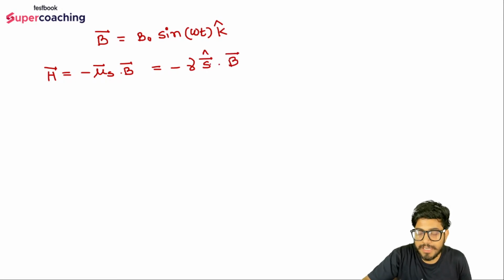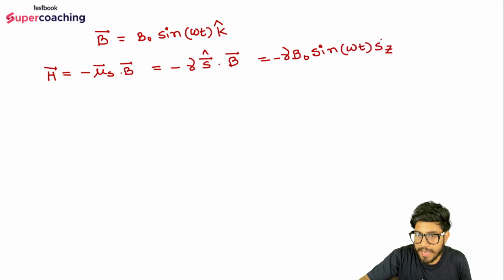Now you know that B is along k cap, so the Hamiltonian will be equal to minus gamma B naught sine omega t into Sz cap. It's an operator. Now I know that Sz cap has eigenvalues plus minus h cut by 2, and eigenvectors are basically up z and down z.